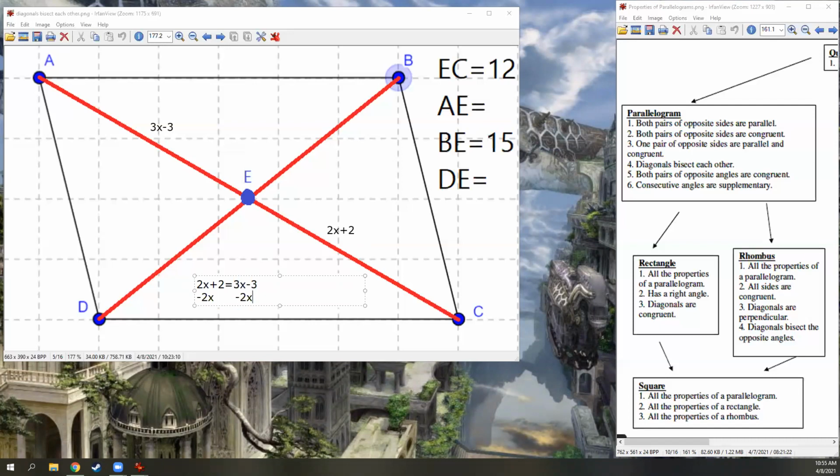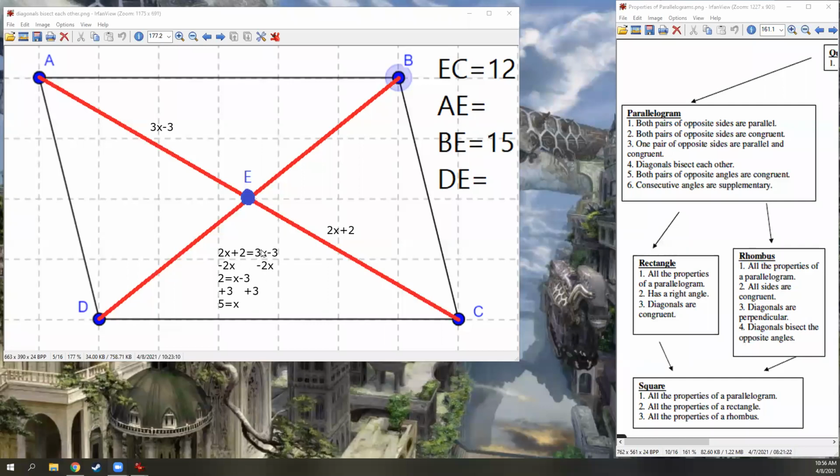So 2 is smaller than 3. So we have 2 on the left side equals x minus 3 on the right side, which is nice and easy because all we have to do is add 3, the opposite of a negative. We get 5 equals x. So we set them equal to each other, do some basic algebra, and you are done.